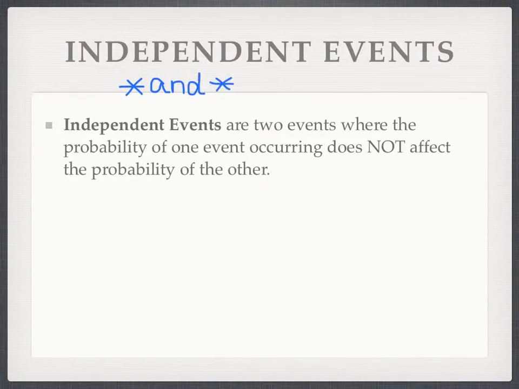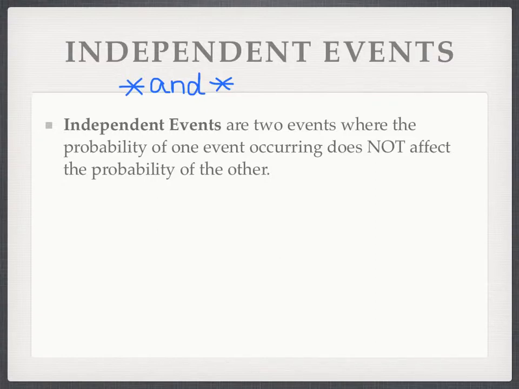We are looking at scenarios where we're finding the probability of this and that happening. Okay, we're looking at the probability of two things happening at the same time. And when you do that kind of probability, you have to be careful that you're not affecting the outcome of the second event with the first event. Okay, and you'll see what I mean by that in a minute.